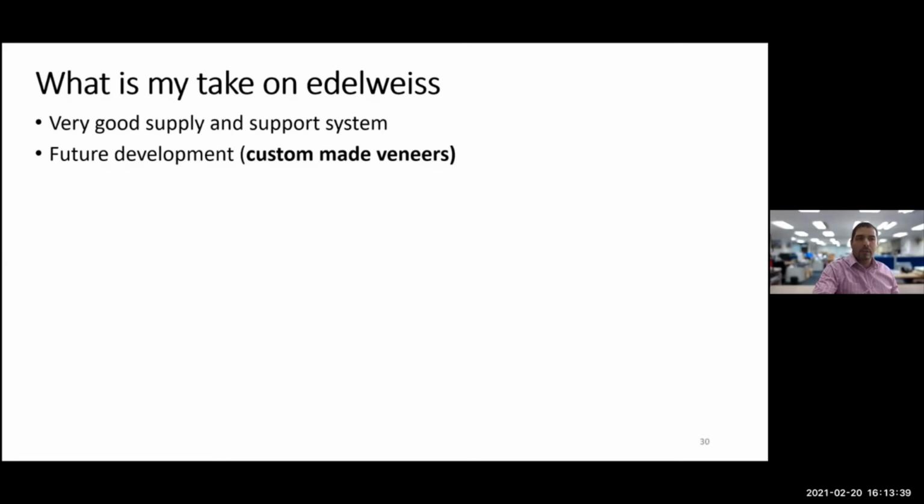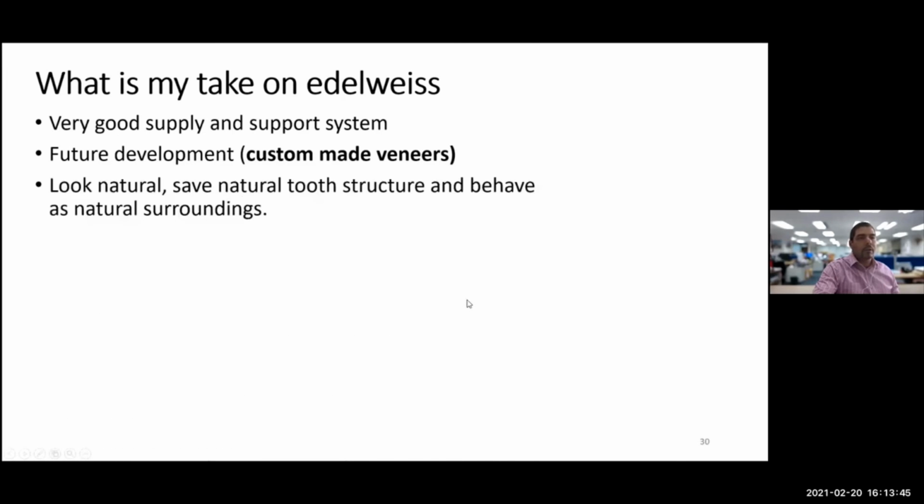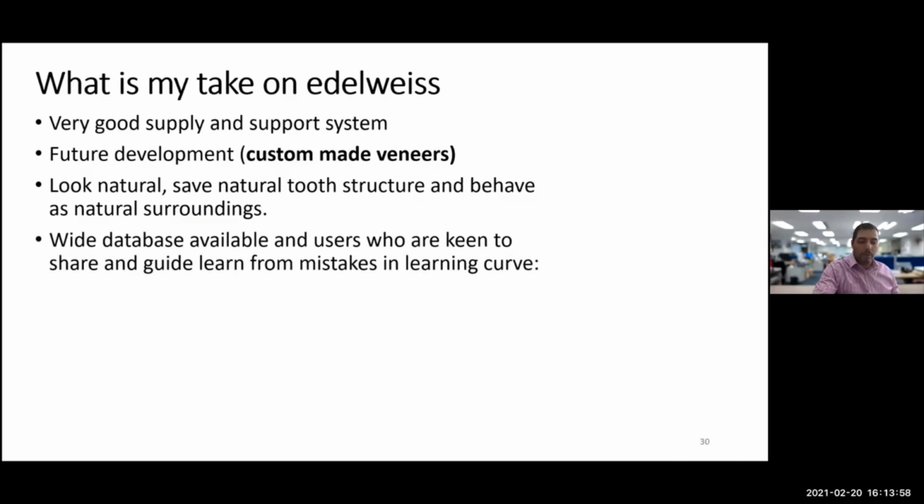So I really support this idea of having custom-made veneers to give characteristics to the patient himself. They look natural, they save natural tooth structure, we're not cutting, and they behave like the natural surrounding teeth. So I feel this is a feature of Edelweiss compared to the other compomers and other composite veneers, ready-made or maybe direct.